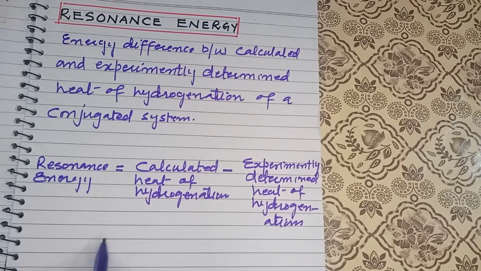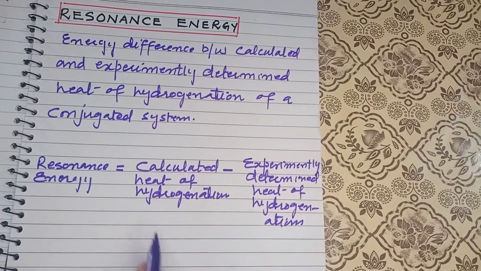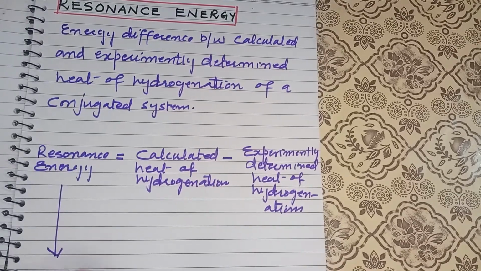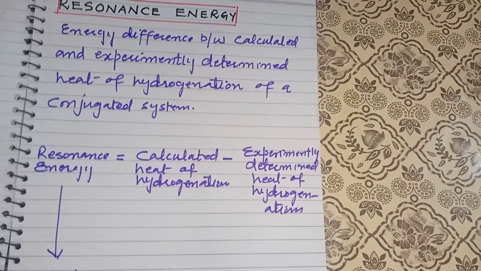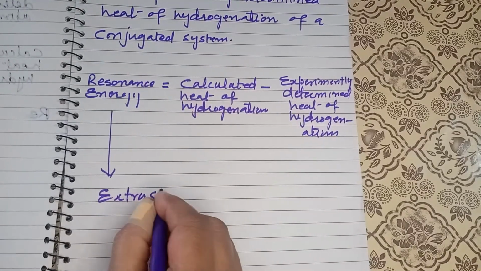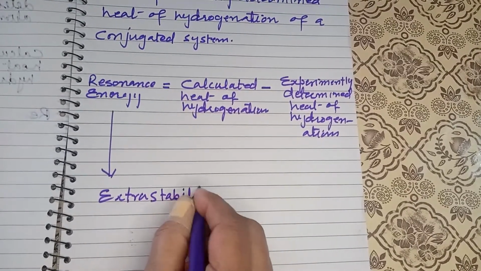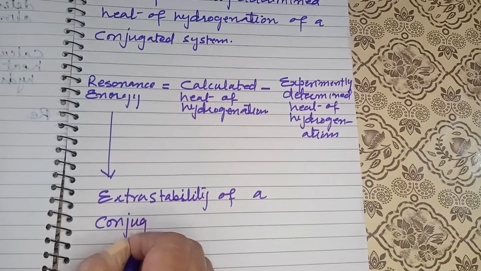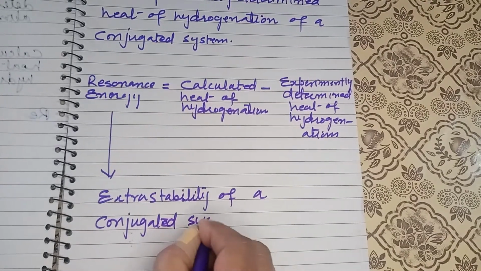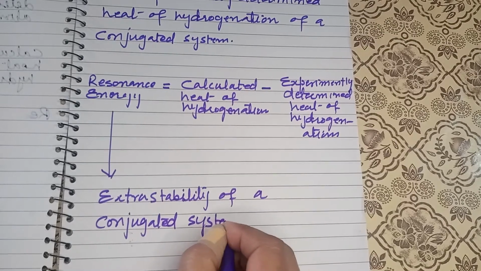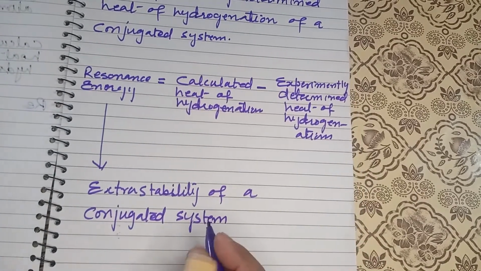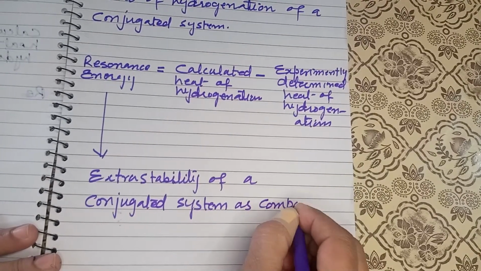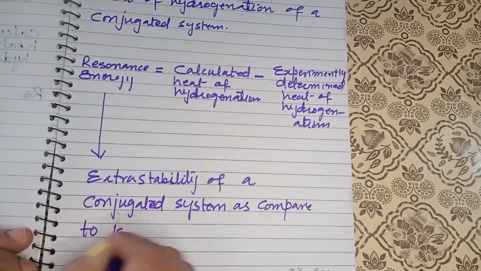Resonance energy is the measurement of extra stability of a conjugated system as compared to an isolated system, that is, a system which has isolated double bonds.